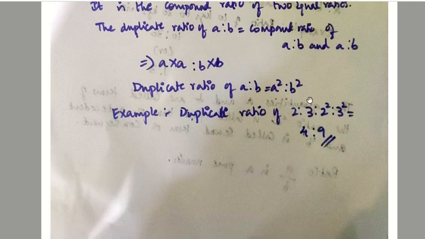For example, the duplicate ratio of 2 is to 3 is 2 square is to 3 square, which can be written as 4 is to 9. So 2 square is 4, 3 square is 9.